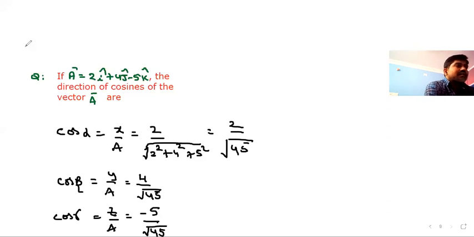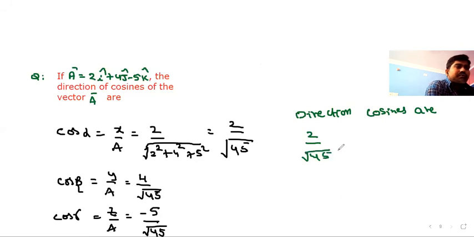Finally, the direction cosines are 2 by root 45, 4 by root 45, minus 5 by root 45.